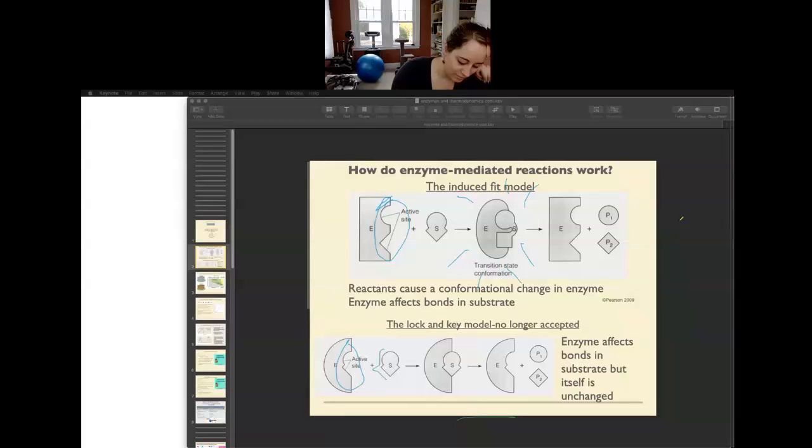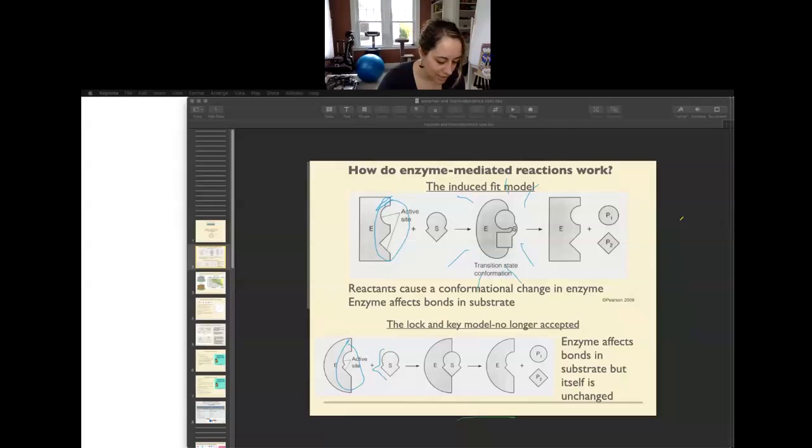Like it has this little, almost like a rounded arrow shape. And it fits the substrate exactly. And that might be what you would expect to see. Like, of course, the enzyme is going to be complementary to the substrate, right? But in reality, it's not exactly complementary to the substrate.